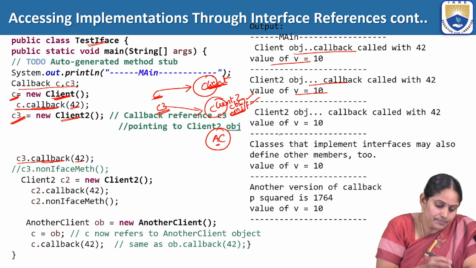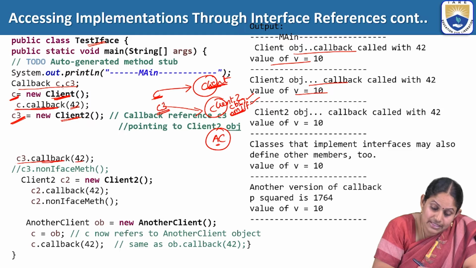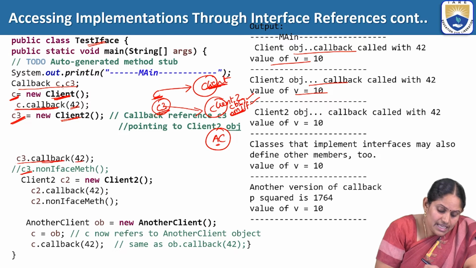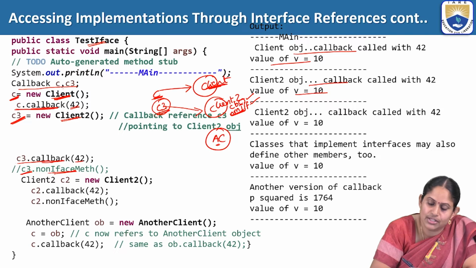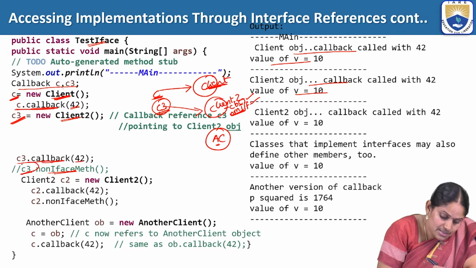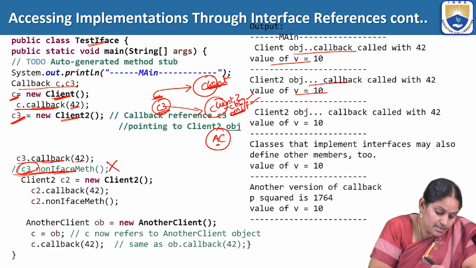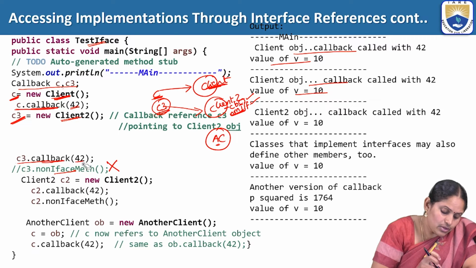An interface reference variable is not allowed to access the member methods of the class which has implemented it.